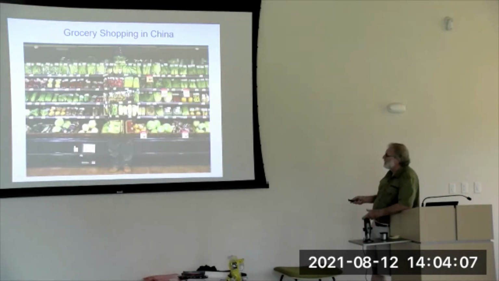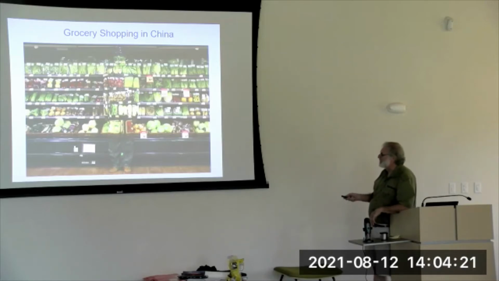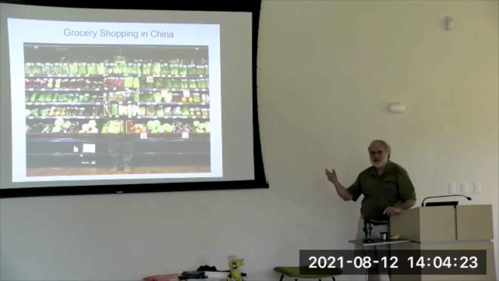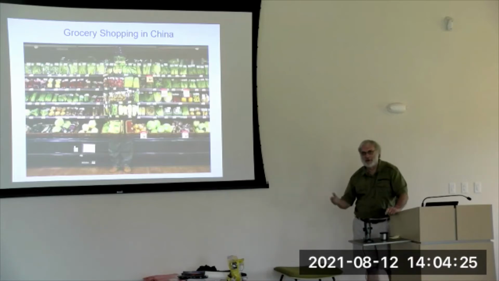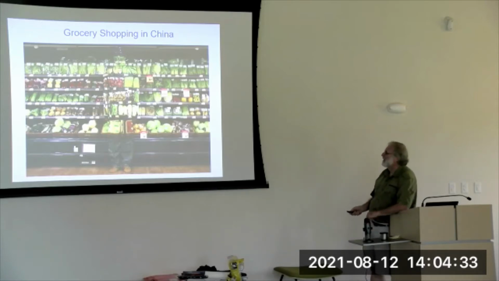Here's a rack of vegetables, and this guy is painted to look like a bunch of vegetables. It's very effective. If you just look at this, you don't see anything that looks funny. And then all of a sudden you notice, oh, there's a person standing there, and you reach up and grab a box of mushrooms, and it's him. So anyway, whatever you want to do to amuse yourself, here's another possibility. But it's a visibility problem.